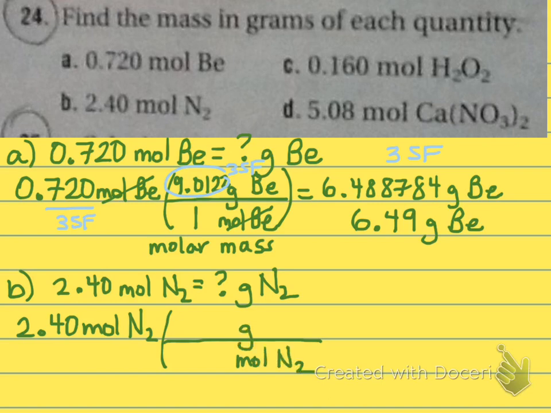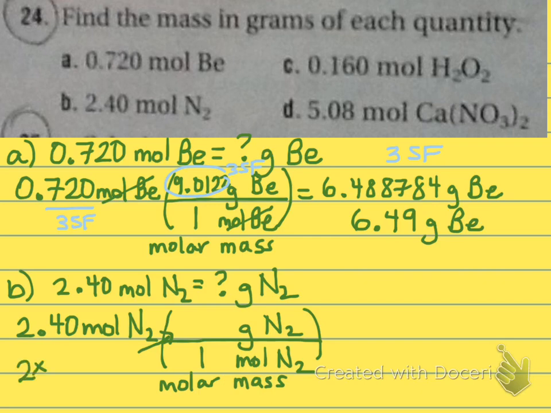I'm going to do grams of nitrogen on the top. Again, the name of this conversion factor is molar mass. And in molar mass on your chemistry toolkit, your index card, it's a 1 that goes in front of moles. Now, because there are 2 nitrogens here, I have to do 2 times the molar mass of nitrogen.